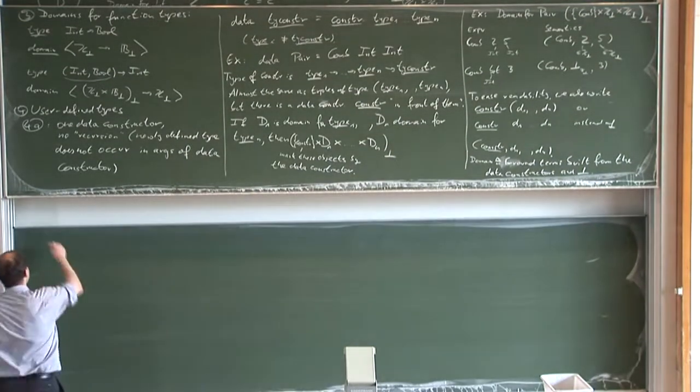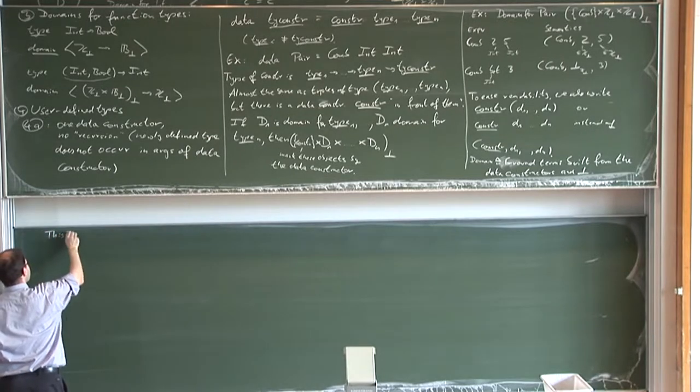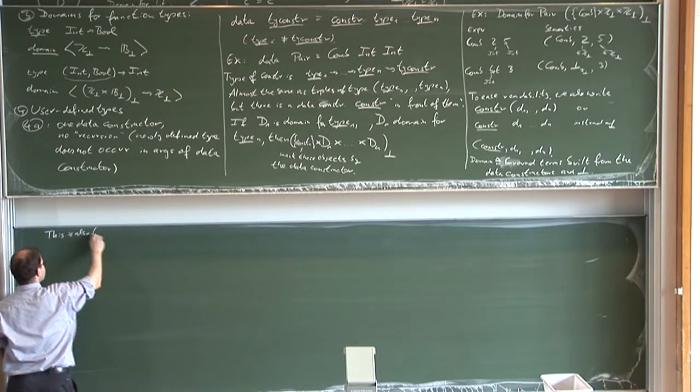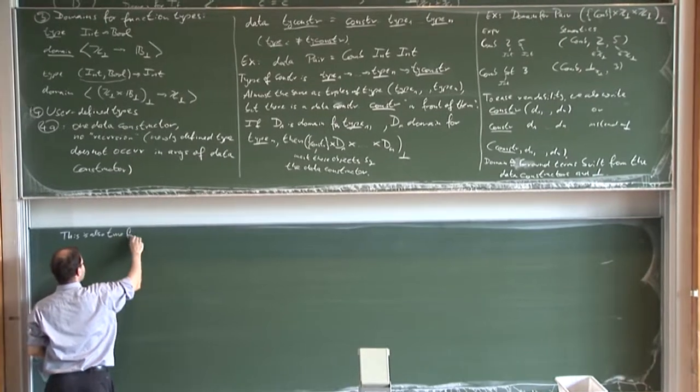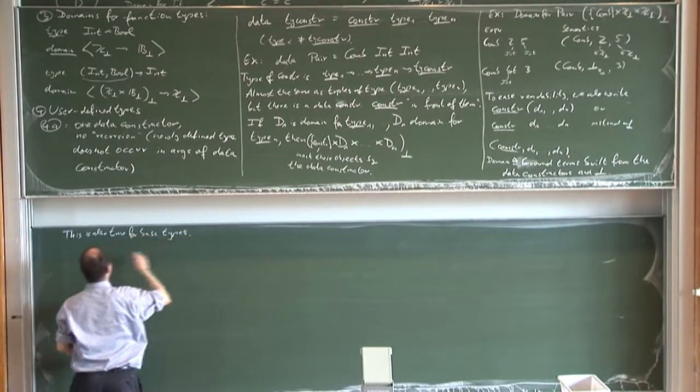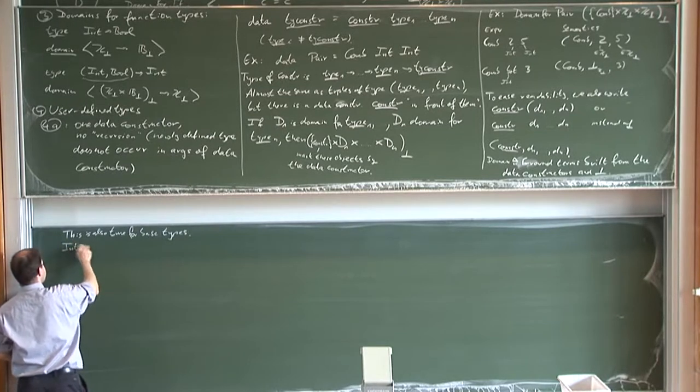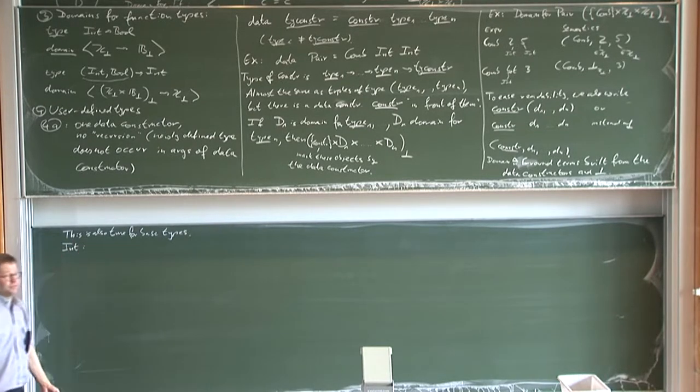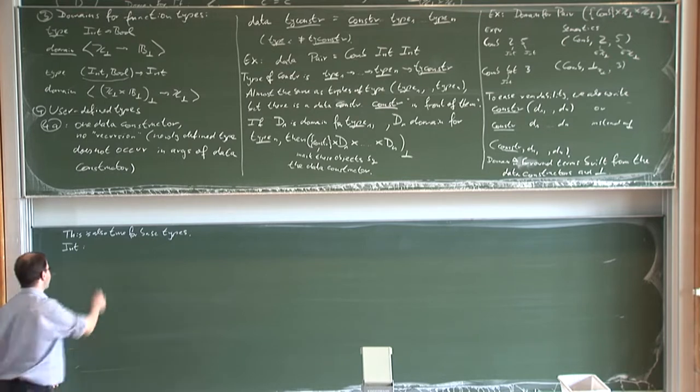And in fact, this view also works for the base types. If you look at int, this predefined type int has infinitely many data constructors, and they are all of arity 0.